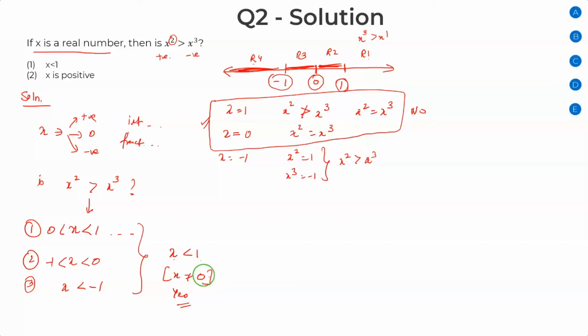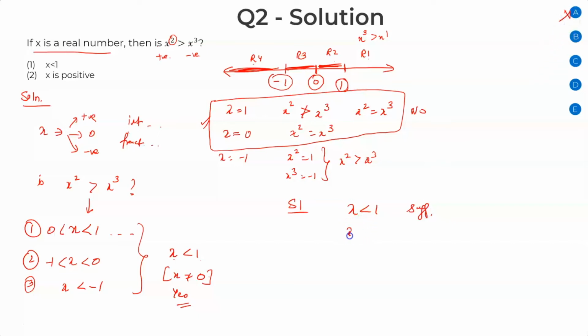This is very important, because if you miss the fringe, the three points that are there, and you don't figure out what happens in these cases, there's a good chance that you would fall for that trap. Because if you look at statement 1, x is less than 1, you might be very tempted, if you had looked at these three regions, to say, hey, this is sufficient, I'm done, let me mark A as my answer. But that is wrong.